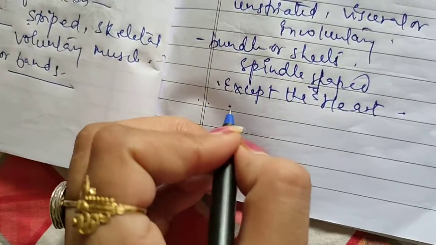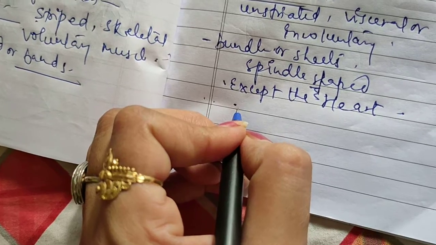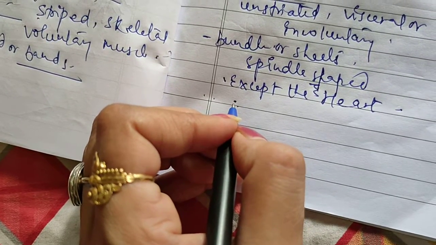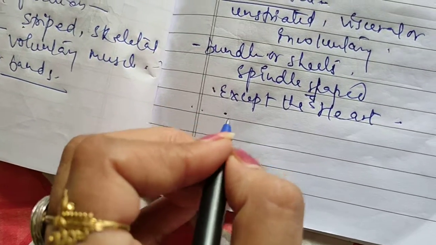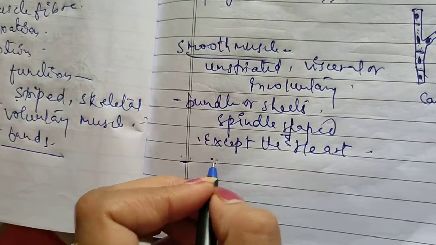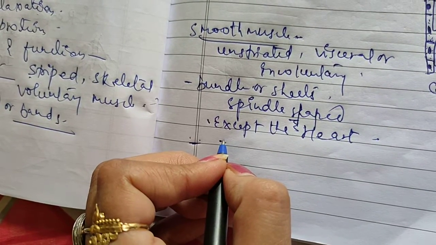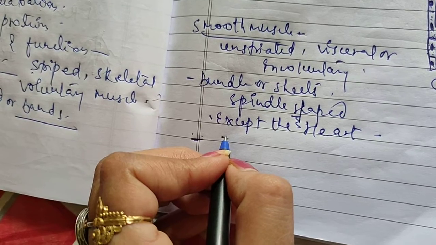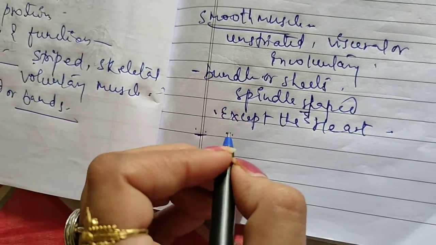Smooth muscles do not work like contraction and relaxation according to will, so they are called involuntary muscles. The name visceral muscle itself indicates that it occurs in visceral organs, means all the internal organs except the heart.